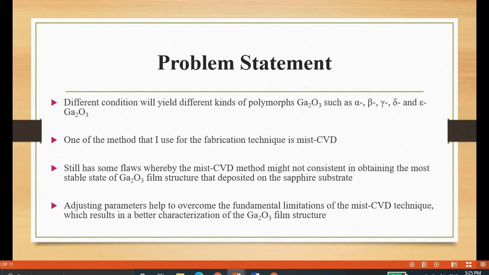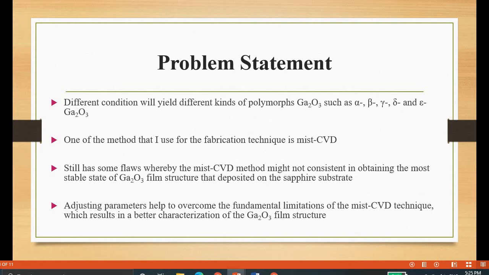Next is my problem statement. It has been found that different conditions will yield different kinds of polymorphs of gallium oxide, such as alpha, beta, gamma, delta, and epsilon. One of the methods that I'm using now is the mist CVD technique.